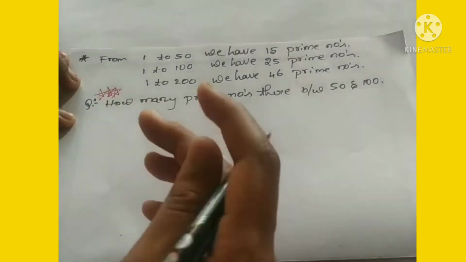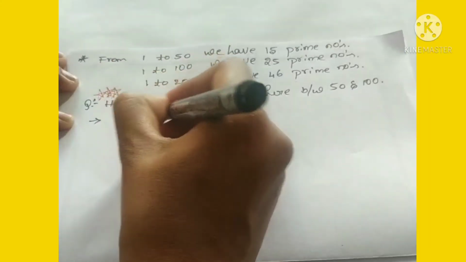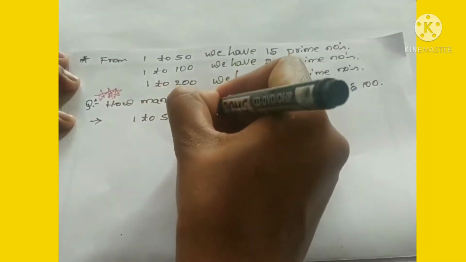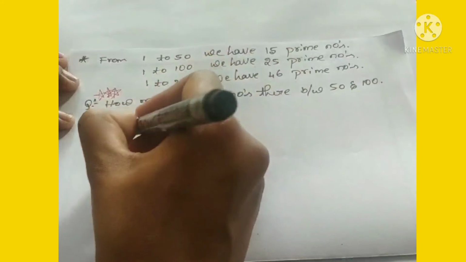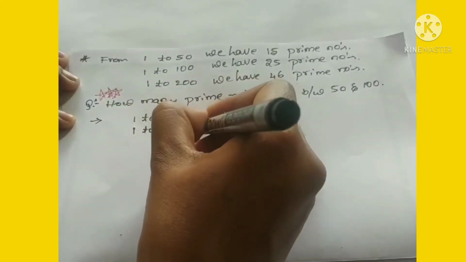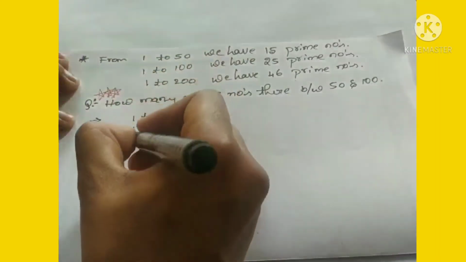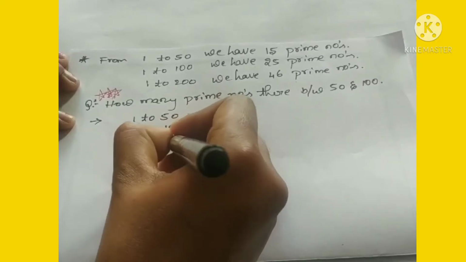We already know that from 1 to 50 we have 15 prime numbers. From 1 to 100 we have 25 prime numbers, but they ask to find prime numbers between 50 to 100.